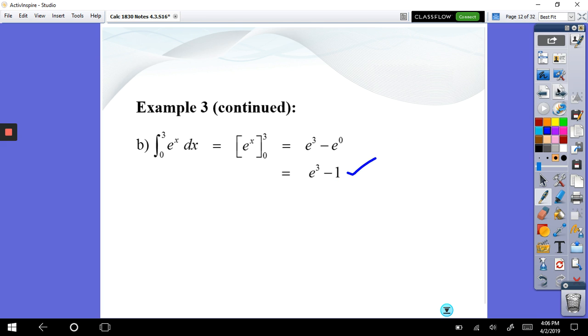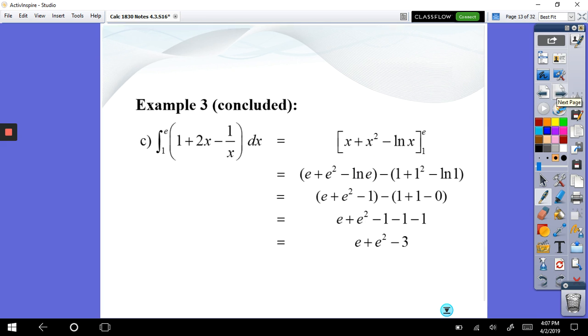And then I'm just going to keep going to the last one worked out here. So the antiderivative of 1 is x, plus 2x squared divided by 2. So that ends up being x squared minus a natural log of x, all of that from 1 to e.